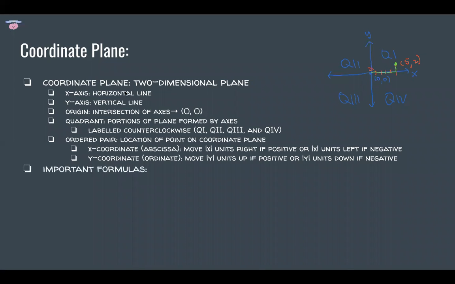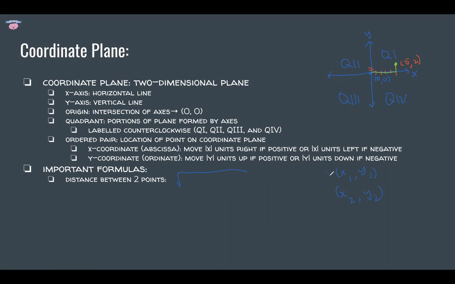Some important formulas. Again, I talked about this in my geometry lesson, but this will still be a good refresher. The distance between 2 points. We can use the Pythagorean theorem to prove this. Actually, we did use the Pythagorean theorem to prove this in my geometry lesson. But the actual formula, given 2 points, (x1, y1) and (x2, y2).